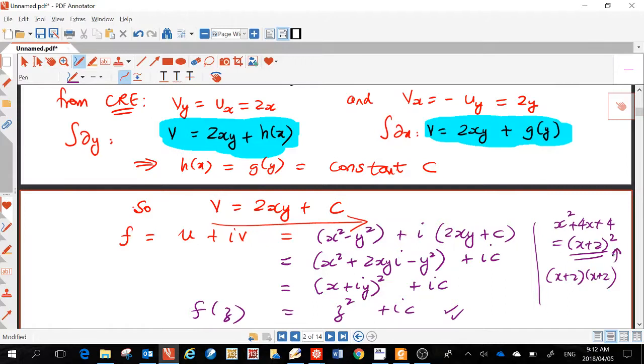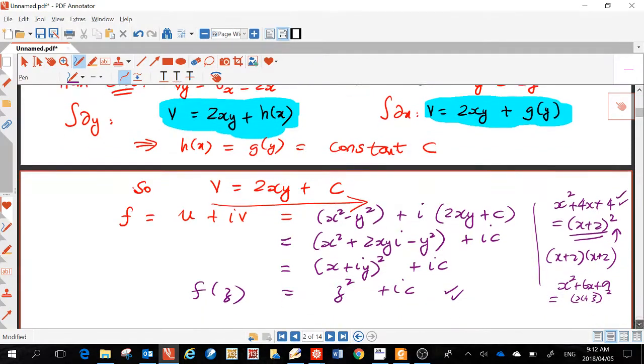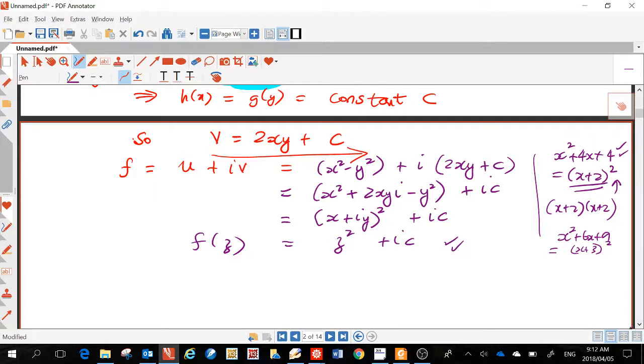So in time, you develop the ability to factorize this. Or if I say x squared plus 6x plus 9, how would you factorize that as a square? You would say x plus 3. That's from your schoolwork. Now we're doing the same thing, but in the world of complex numbers.